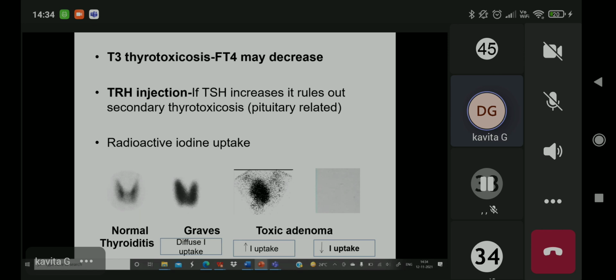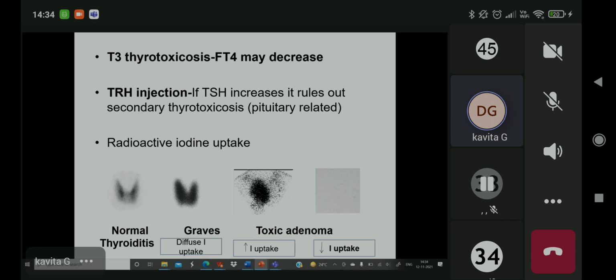Now, unlike T3 thyrotoxicosis, sometimes free T4 may behave very funny. It may actually decrease. It's not necessary that if T3 is raised, T4 will also show the same. Nothing of the sort. Now, if TSH increases, obviously it rules out primary thyrotoxicosis. It rules out anything at the level of the pituitary and the hypothalamus.